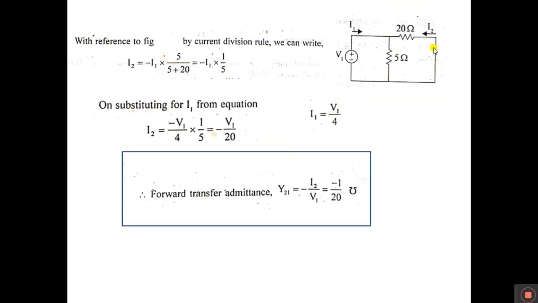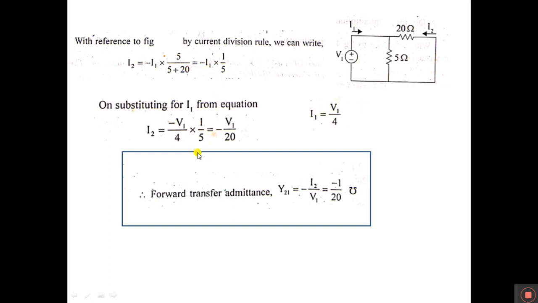On the same circuit, I am going to find I2. How to find I2? This I1 is flowing opposite. So minus I1 into 5 divided by, that is opposite resistance by total resistance. So 5 divided by 25, that becomes 1 by 5. We already have the I1 value calculated, so substitute it here.